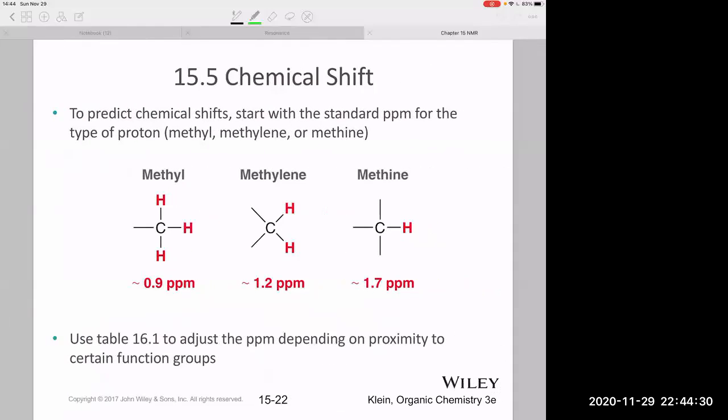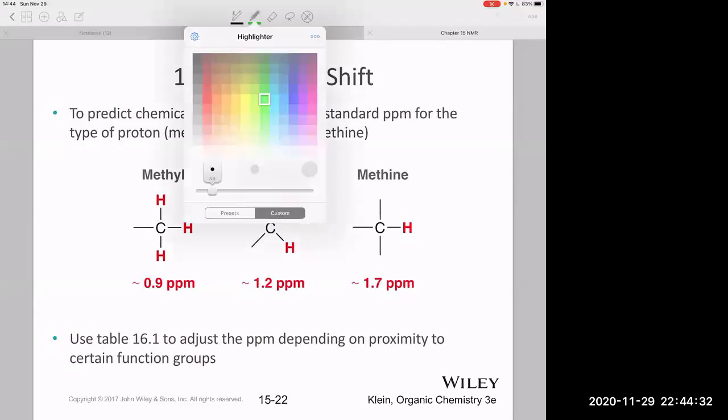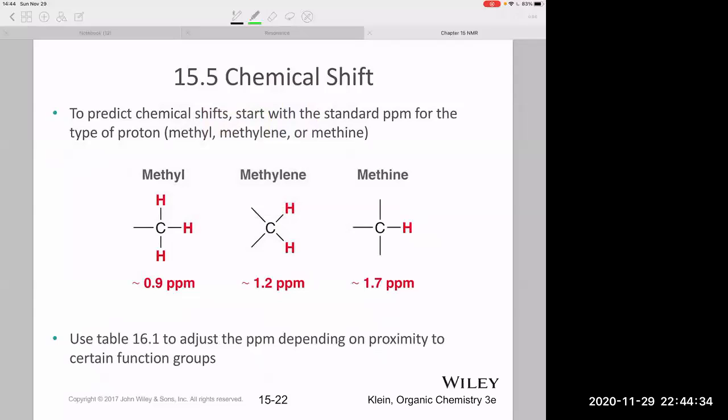The other one that's pretty consequential, more consequential with hydrogens, is the difference between a methyl, which is a carbon bound to 3 hydrogens, that's going to be the lowest shift, compared to what's called a methylene, which is a carbon bound to 2 hydrogens, and a methine, which is a carbon only bound to 1 hydrogen.